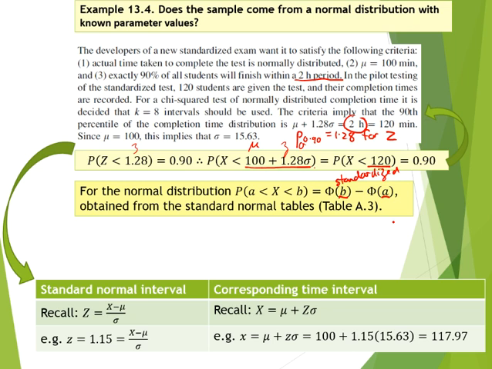So, if we were to divide the range into 8 equal intervals, it means 100 divided by 8, which will give you 12.5. So if we work with probabilities, it's 1 divided by 8, and that is 0.125.